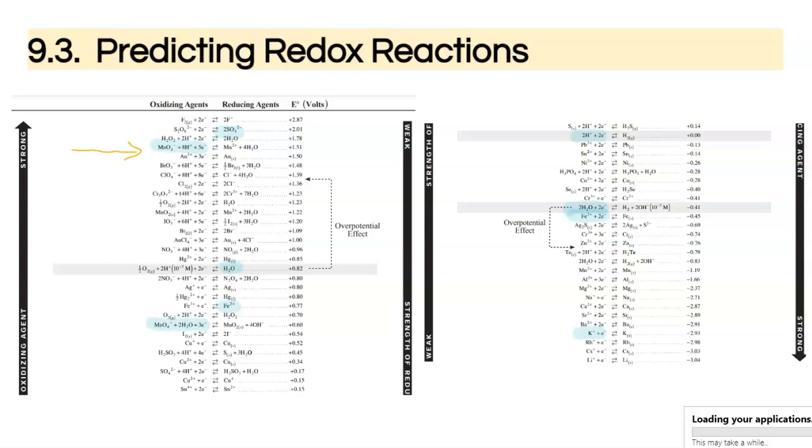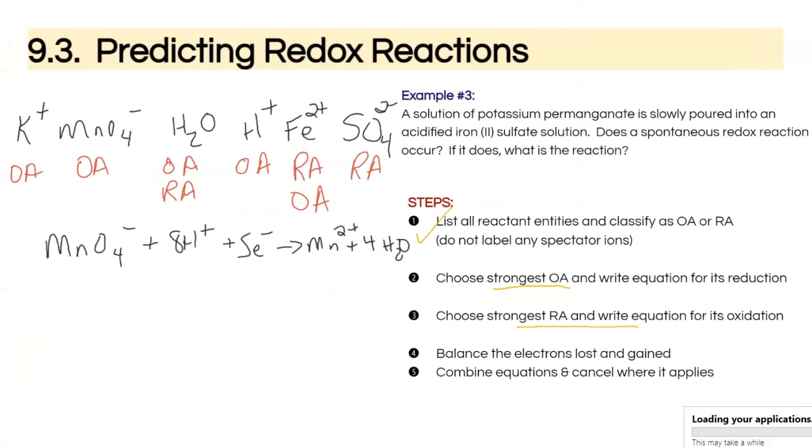The lowest species on my reducing agent side happens to be this iron 2+ over here. So for my iron 2+ reaction, I'm going to write it in reverse, because I want to show it as losing those electrons. So Fe2+ is becoming Fe3+ plus an electron.